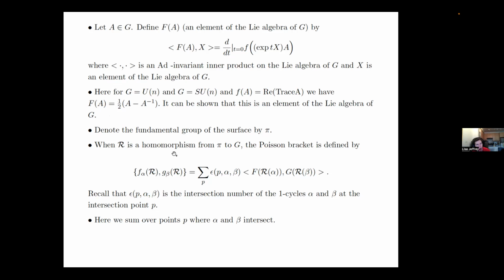When R is a homomorphism from pi to G, the Poisson bracket, this is due to Bill Goldman, turns out to be a sum over the intersection points of the loops alpha and beta, and the sum of the angle brackets of F and G, evaluated at the representation of alpha, representation of beta.